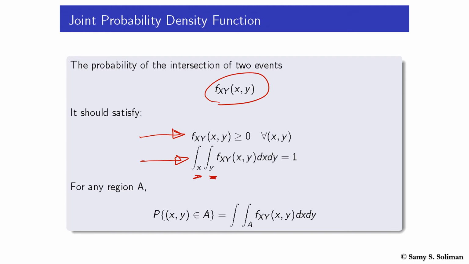And if we want to calculate the probability that the two random variables x and y fall within a certain region, where this region is defined by a subset of the range of x and a subset of the range of y, we accumulate the joint probability density function over this area, and again we do this via a double integral, one over the range of x and one over the range of y.